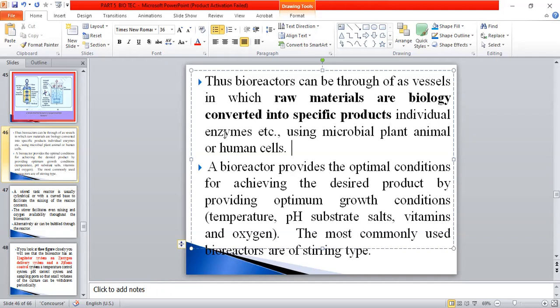There are so many common substances also, such as starches, amylase, amylopectin, lipase. Particularly using microbial, plant and animal or human cells. Microorganisms such as Lactobacillus, Streptococcus, Penicillium and yeast are all considered microbial.